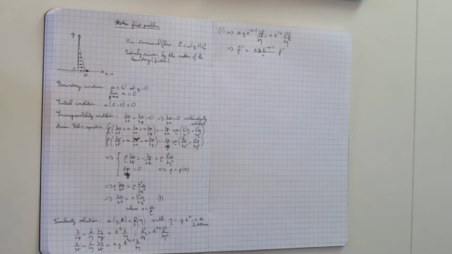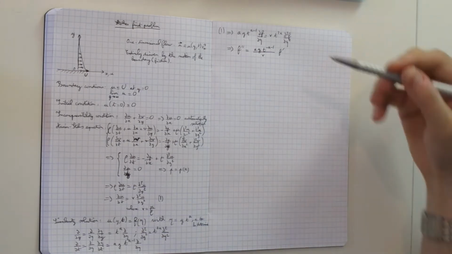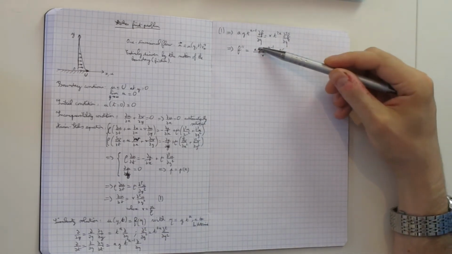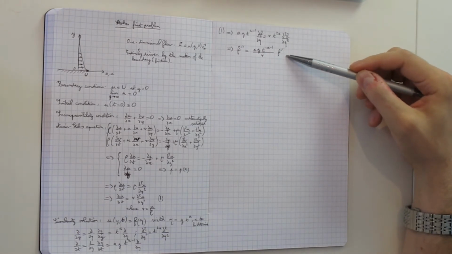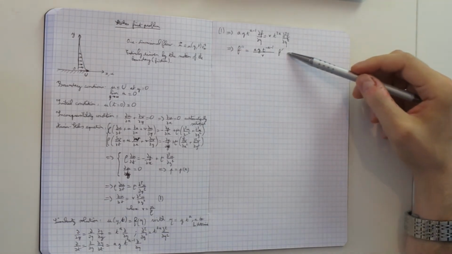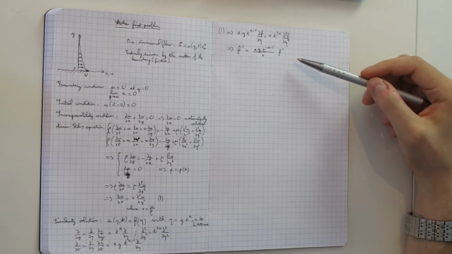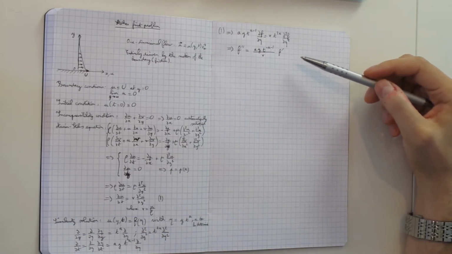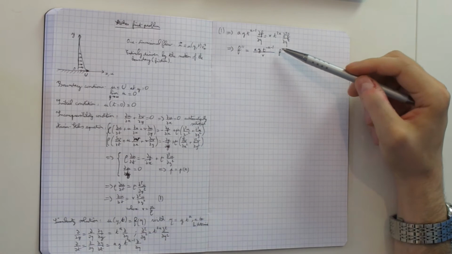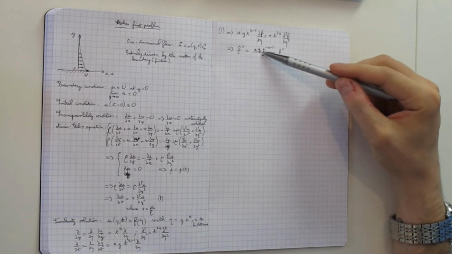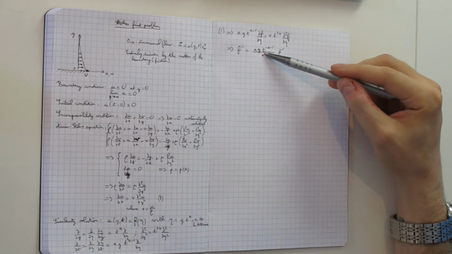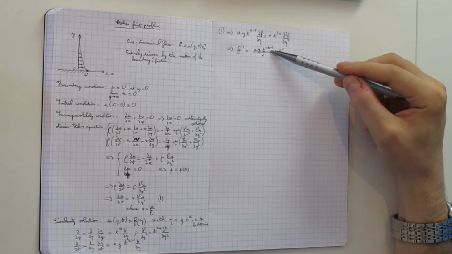And now for my similarity solution method to work, what I need is to get rid of the y and the t dependencies of that equation. That equation should only be dependent on the quantity eta. And eta is fine everywhere. We have no other variable except in that term where we have y times t to the minus a minus 1.